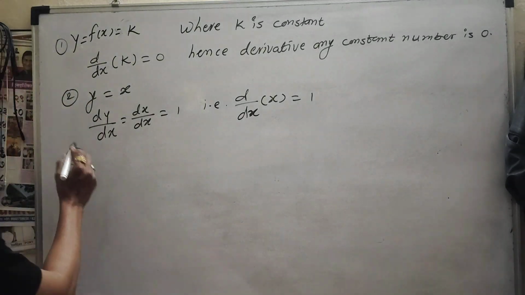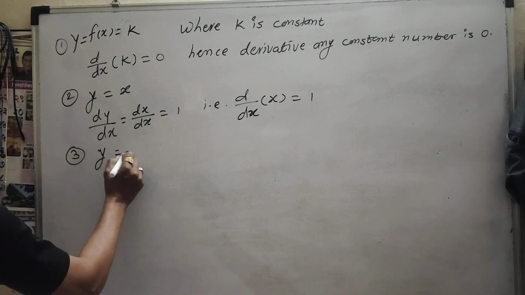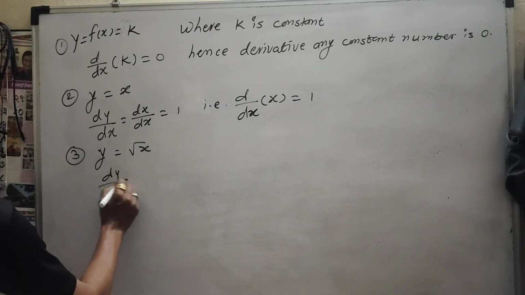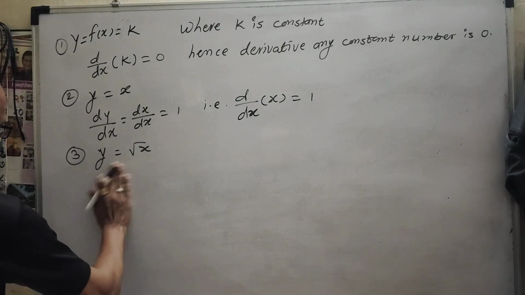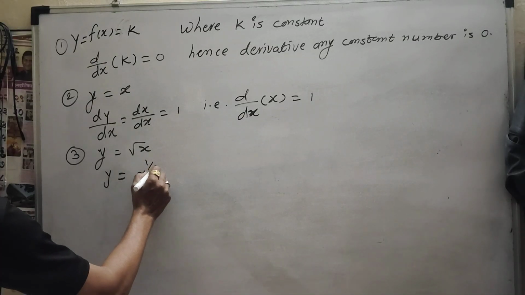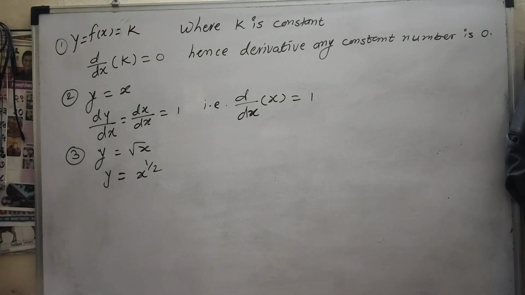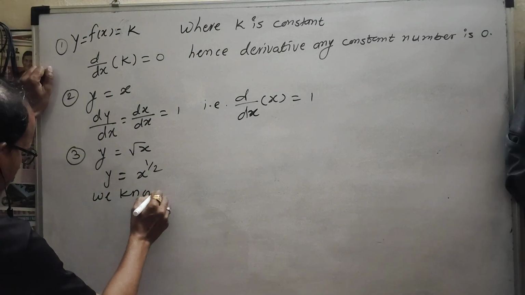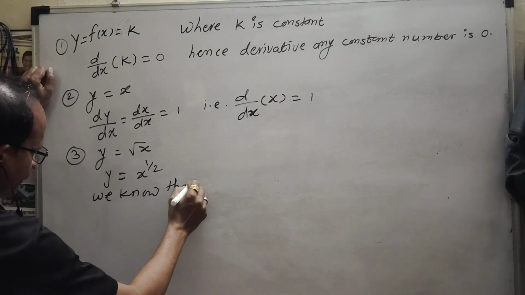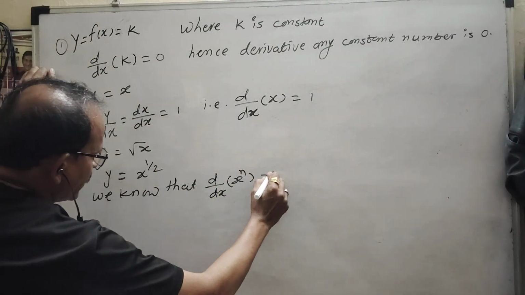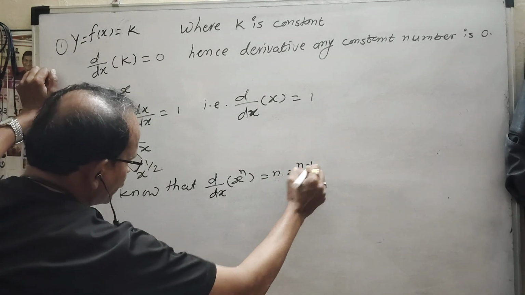Also, third number, like this, derivative of if y is equal to root x. Yes, you know that dy by dx can be written this, y is equal to root x. Root x means x raised to half. Hence use formula. We know that d by dx of x raised to n is equal to n dot x raised to n minus 1, like this.